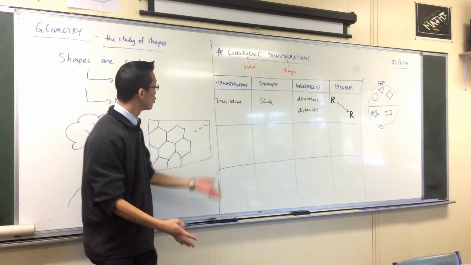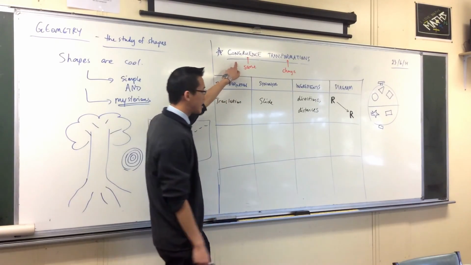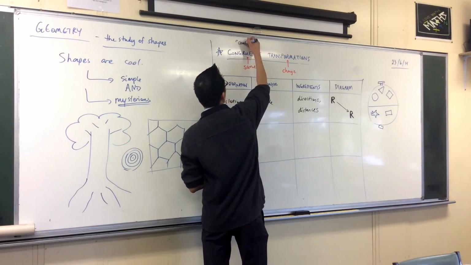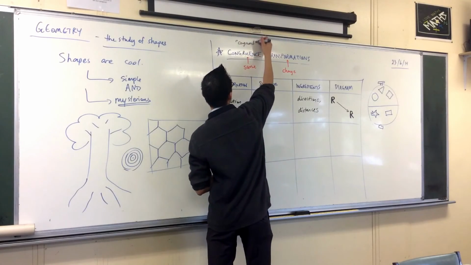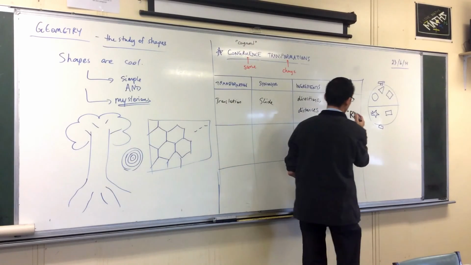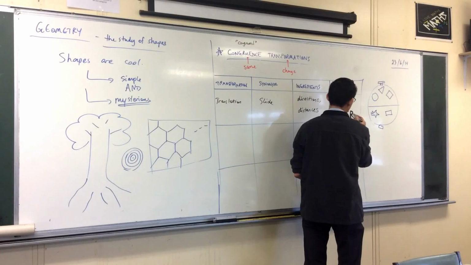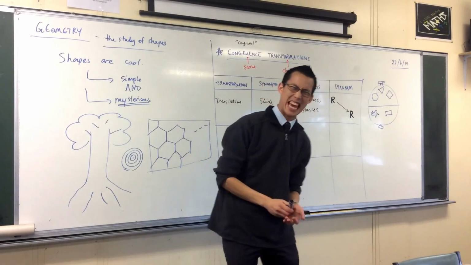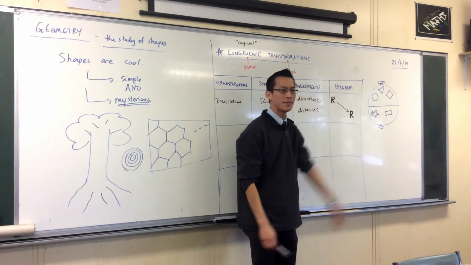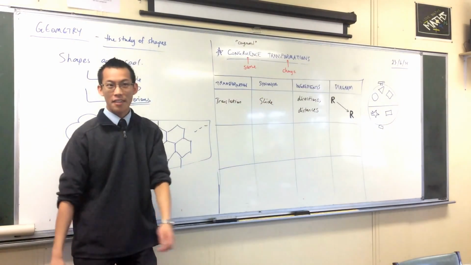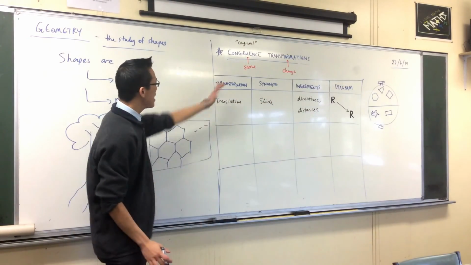So you can see it's still the same shape. It's still congruent. That's the fancy word for it's the same size. You know, you can describe it in the same way, but it's not the same exactly. I've changed it, haven't I? That's a very straight arrow. Thank you. All right, so there you go. There's a transformation.